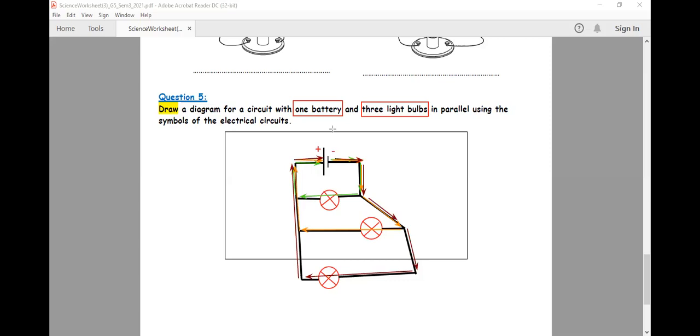Miss, the topic of the science fair, we can do whatever we want? Whatever you want. There are plenty of choices on the internet. Visit the internet and you will find lots of topics to work on. How long should it be? You should make a video of 5 minutes.